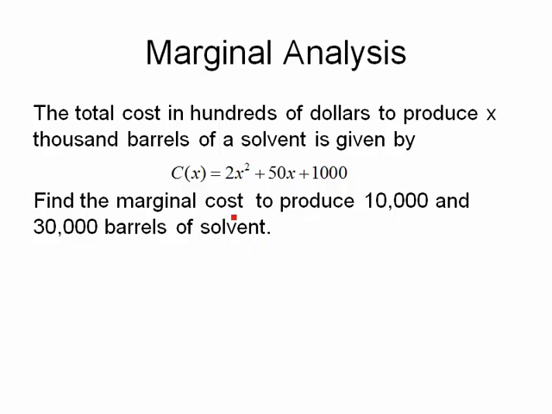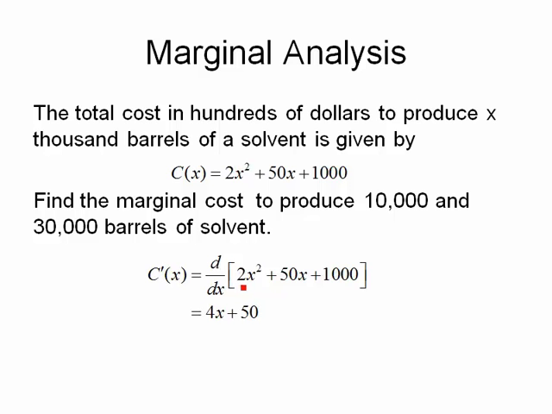So since I'm asking you to do the marginal cost, we're going to be computing the derivative of this function. C prime of x is going to be the derivative with respect to x of 2x squared plus 50x plus 1,000. This is a sum of 3 terms, so we can go ahead and take the derivative of each one of these 3 terms and then add them all together.